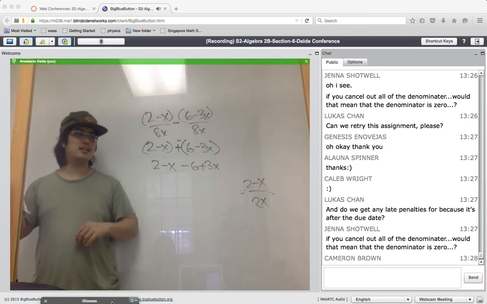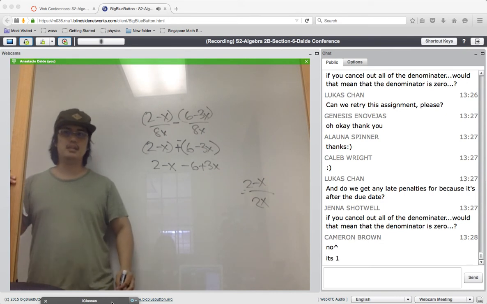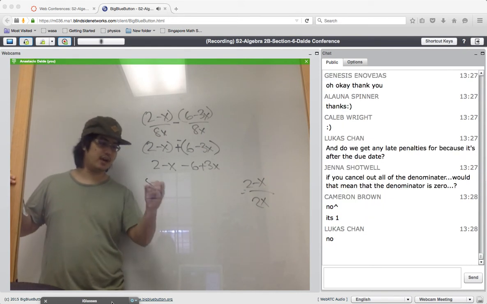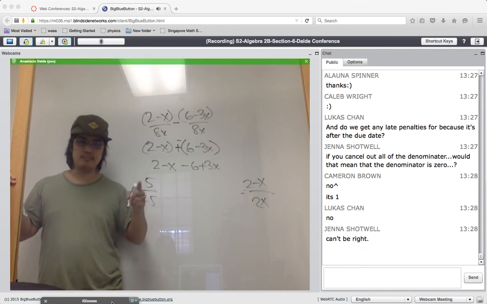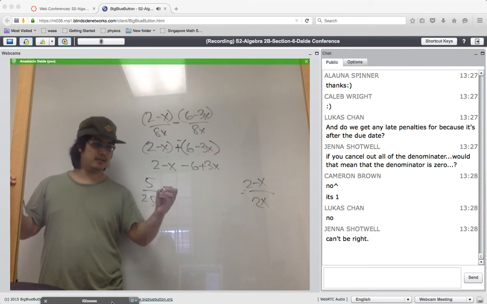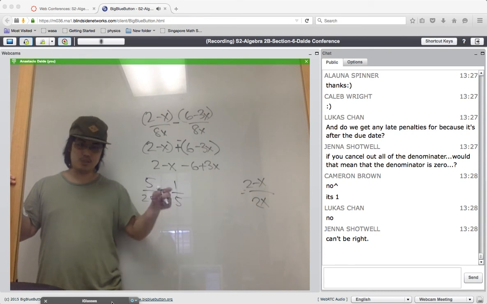If I cancel out the denominator, would the denominator be 0? No. It's just like if I have like 5 over 25. If I divide both top and bottom and reduce this, then 5 divided by 5 is 1 over 5, not 0 over 5. Because you're not subtracting 5, you're dividing by 5.